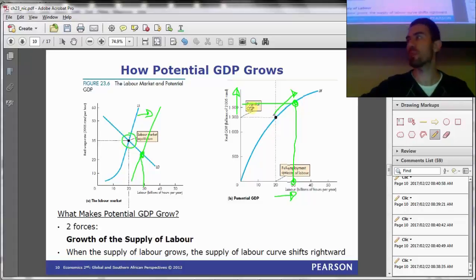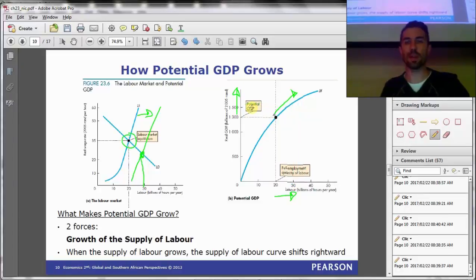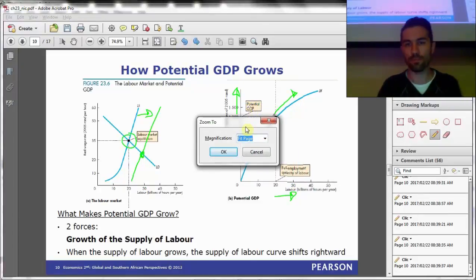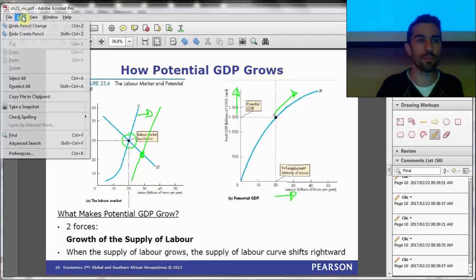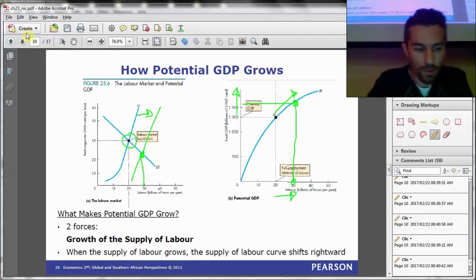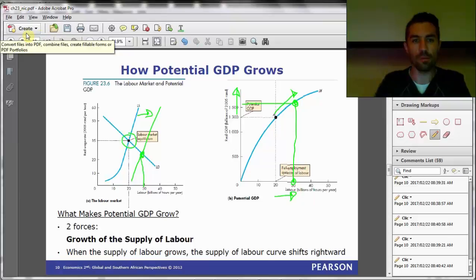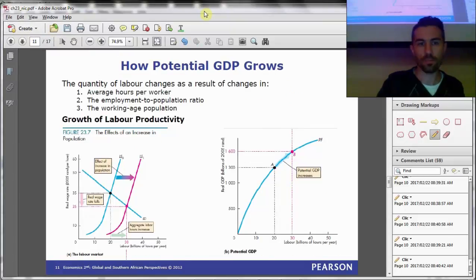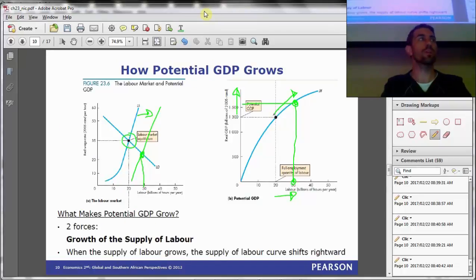Okay? That's easy. Now it's going to get a little bit more complicated. Okay, so this was the shift in the labor supply curve. Drawn it over here.